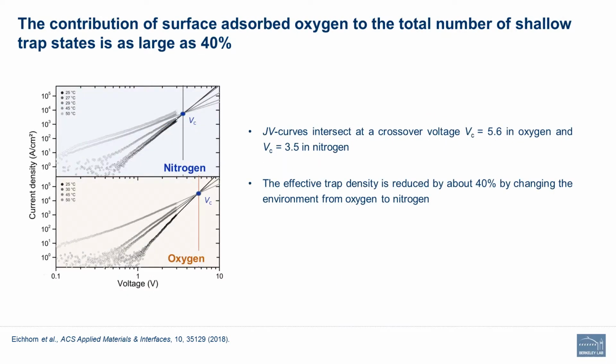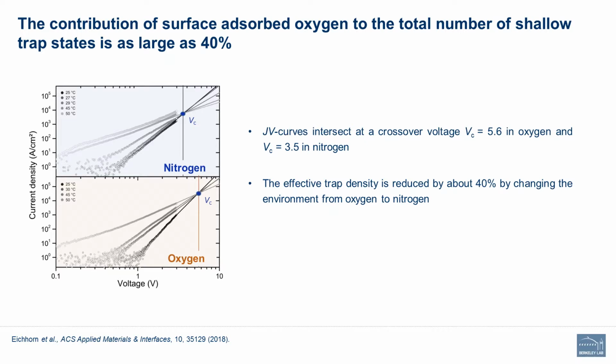Therefore, we performed temperature-dependent IV curve measurements. We see again a reduction in the power law exponent, which goes closer to 2. And for the extrapolated fits, we observe the intersection at the characteristic crossover voltage.